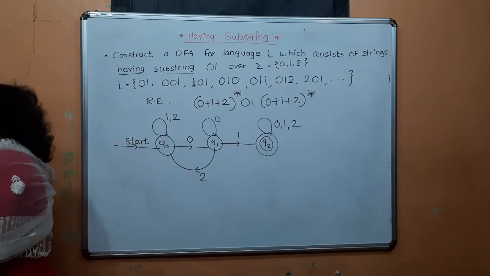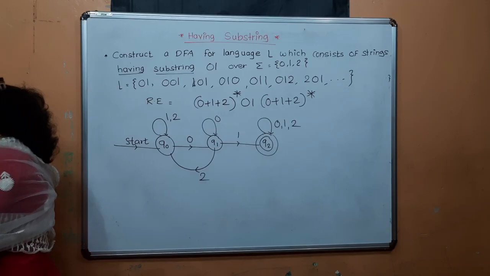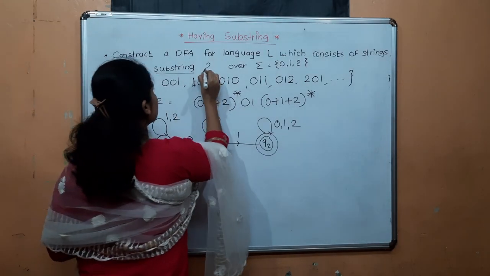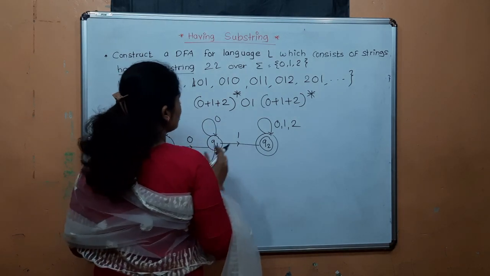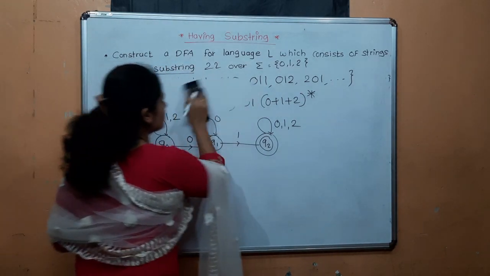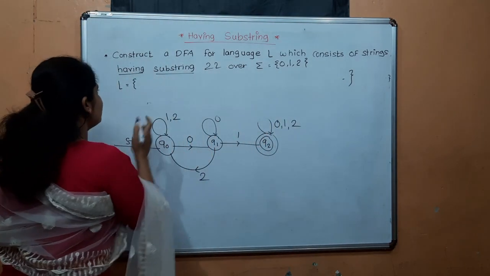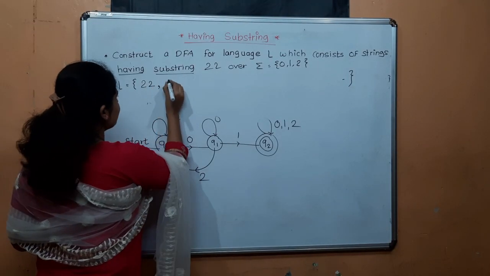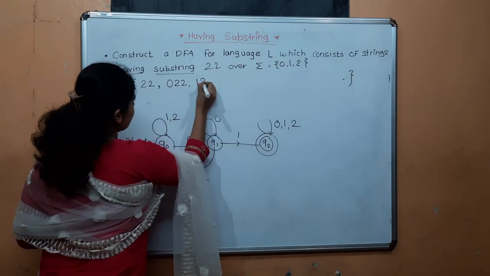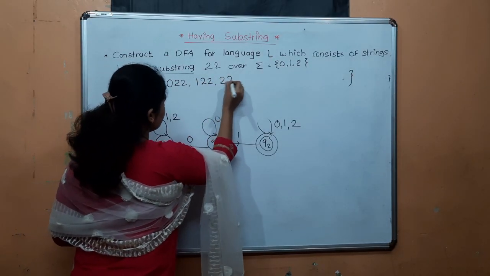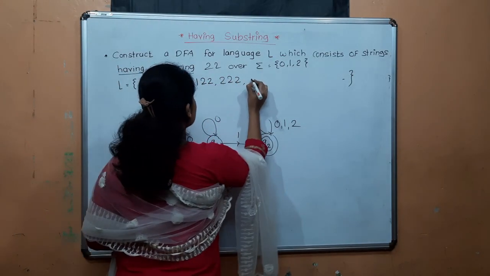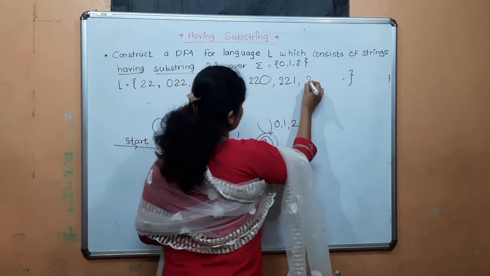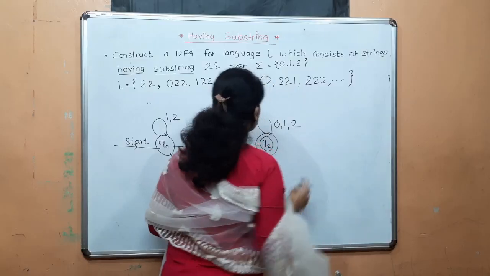Next, having substring 2 2 over the alphabet 0 1 2. Now the language will be, the minimum string is 2 2. It can start with either 0, 1, or 2, okay. It can end with either 0, 1, or 2 and so on, okay.